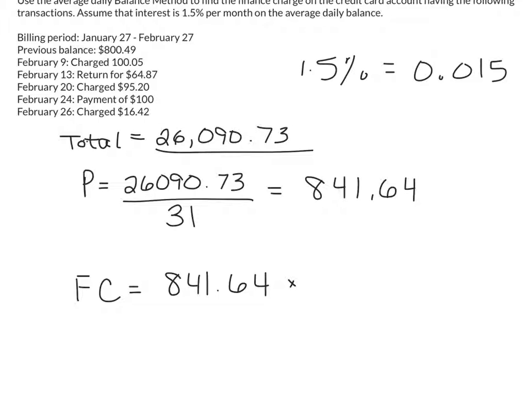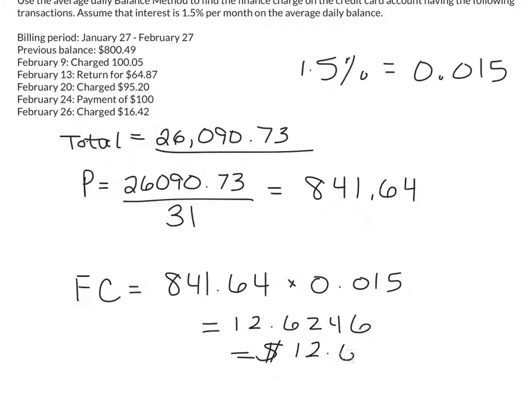So we'll multiply that by 0.015 and we get a value of 12.6246. And since this is a monetary value, we'll round to 2 decimal places. So our final answer is $12.63. And that is the finance charge on the credit card having those transactions.